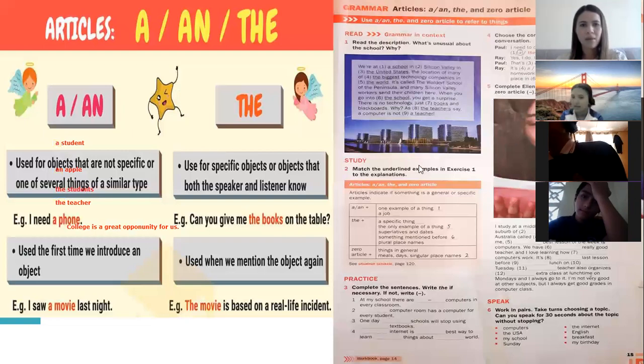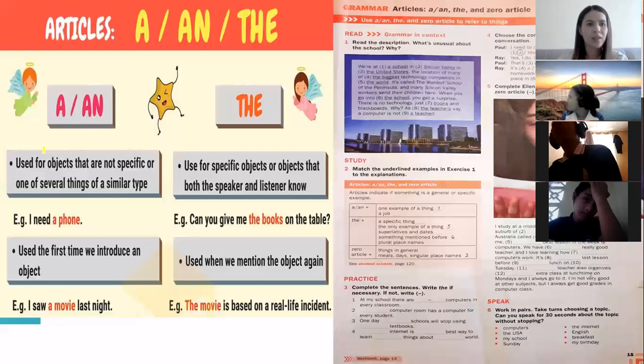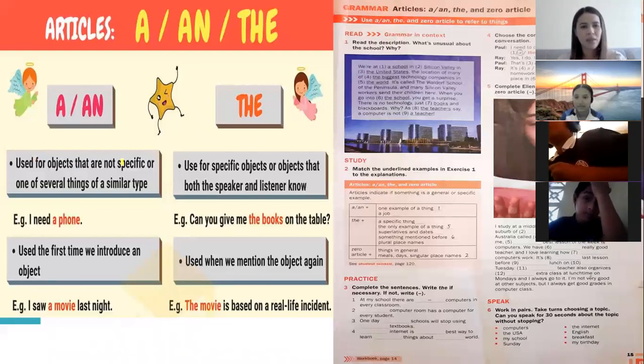More examples about articles. Wait, I need to erase here. We use a/an for objects that are not specific or one of several things of a similar type.